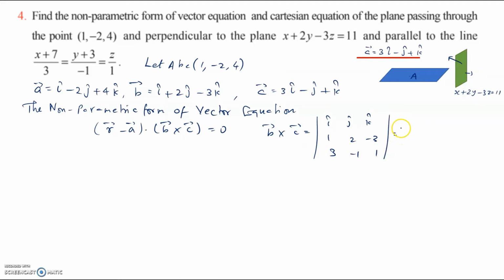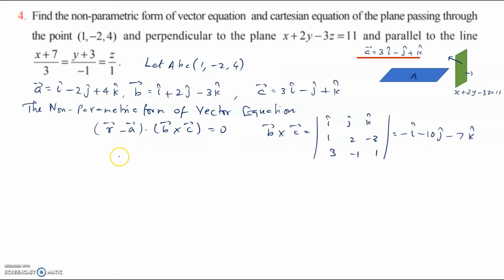It's equal to minus i cap, and it's 1 plus 9, so that will be minus 10 j cap, and k cap coefficient will be minus 1 and minus 6, so it will be minus 7 k cap. So that's our B cross product with C.